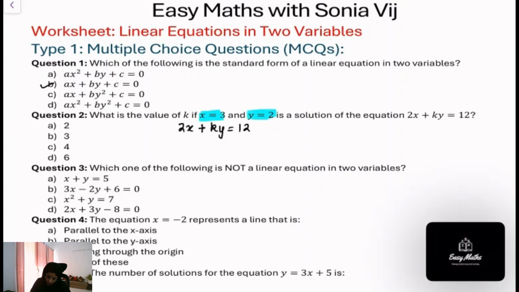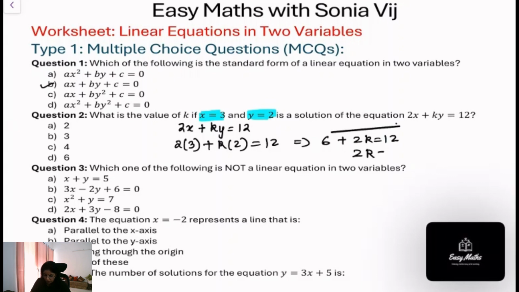So we put x is equal to 3: 2 into 3 plus k into 2 is equal to 12. It implies 6 plus 2k is equal to 12. This 6 goes to this side and becomes minus 6. So you get 2k is equal to 6. It implies k is equal to 3, which is your answer.